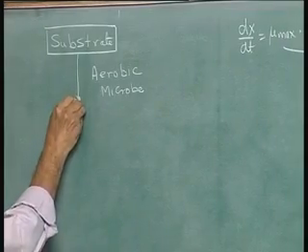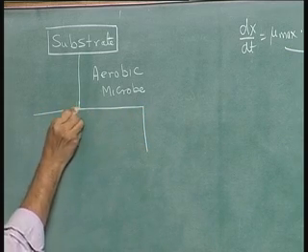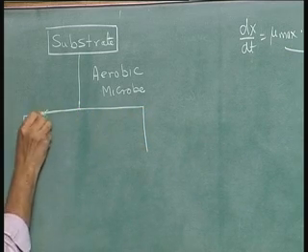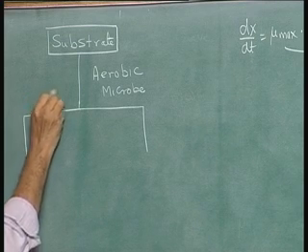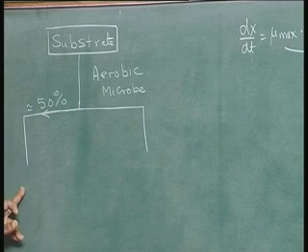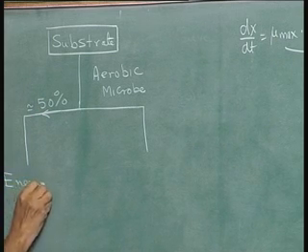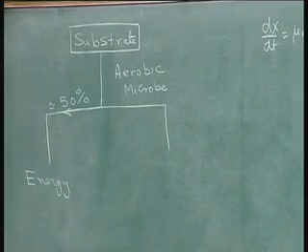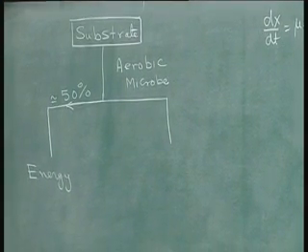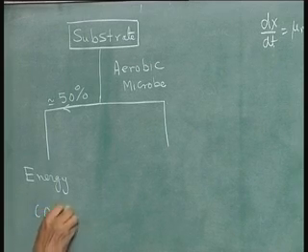They will use around 50% of the substrate for energy production. And energy production is manifested by the production of carbon dioxide and water.